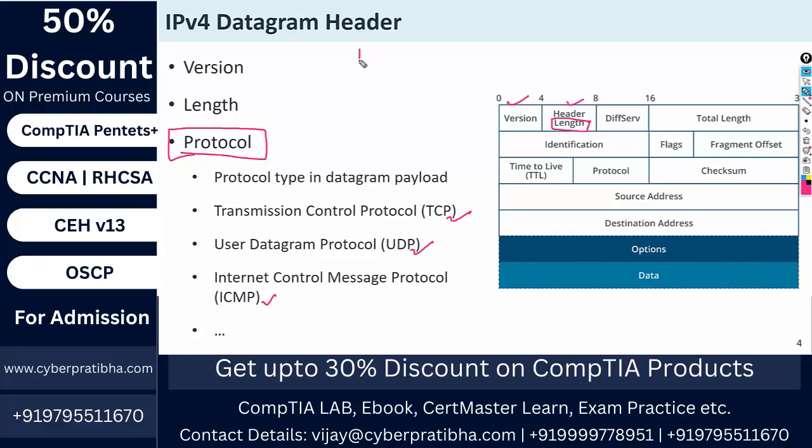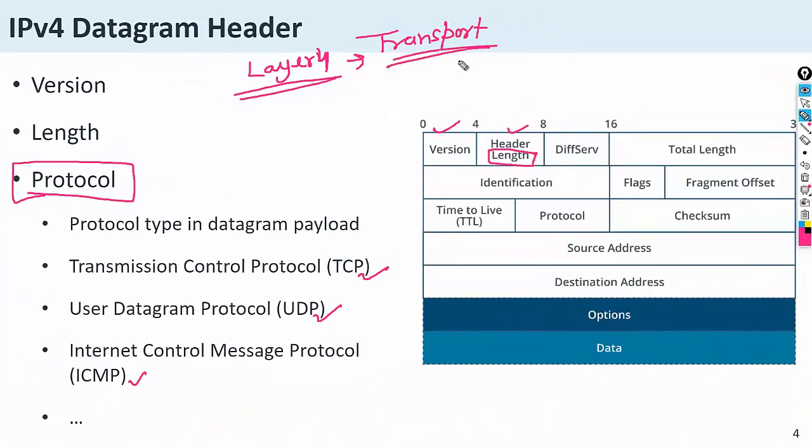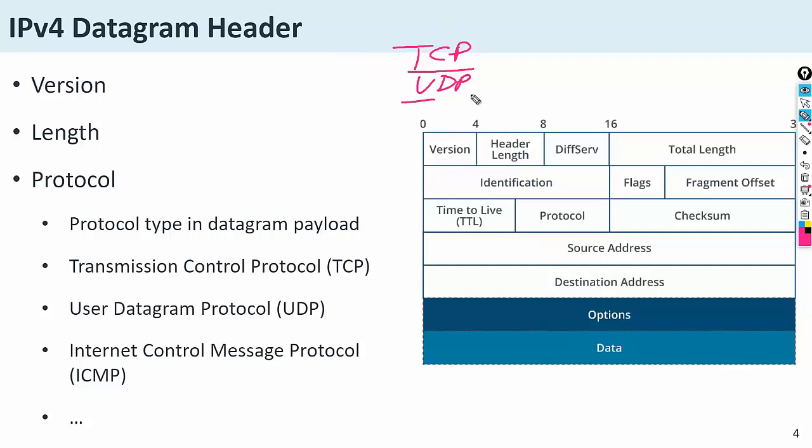When we discussed layer 4, what is the name of layer 4? Transport layer. At the transport layer, TCP and UDP are the 2 types of protocol working. TCP has a reliable connection and UDP has an unreliable connection, right?